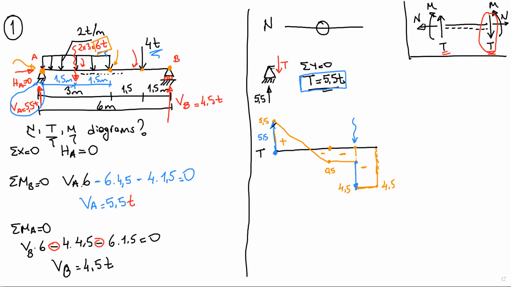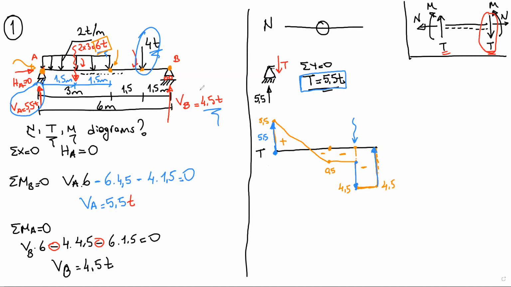You can see here, this vertical A is here. The 4-ton point load is here, as you can see. And at the end, what I have at point B, I have a 4.5 ton, which goes up. So put here the point load.